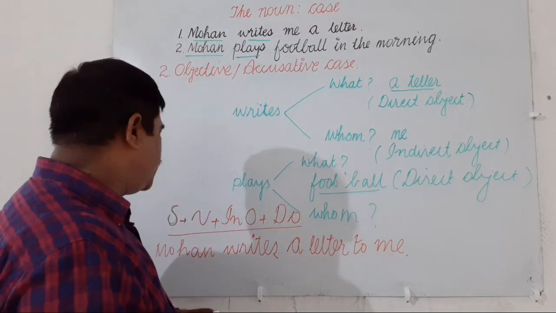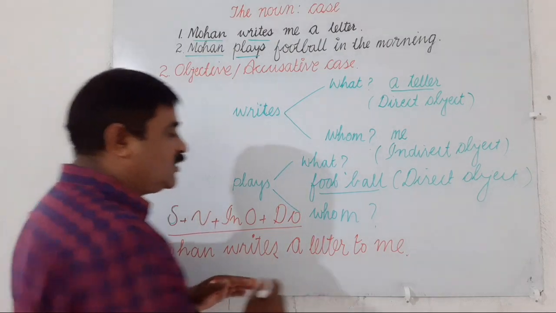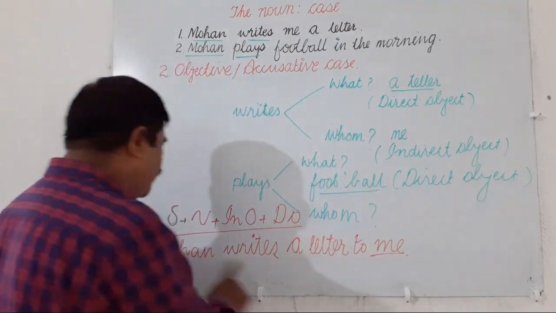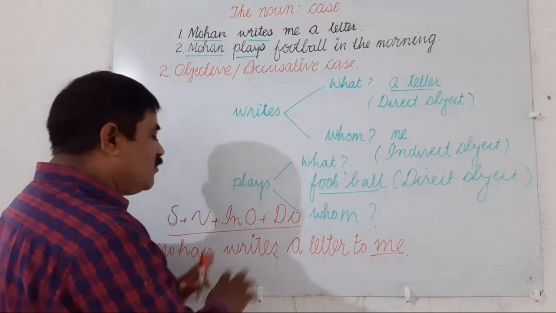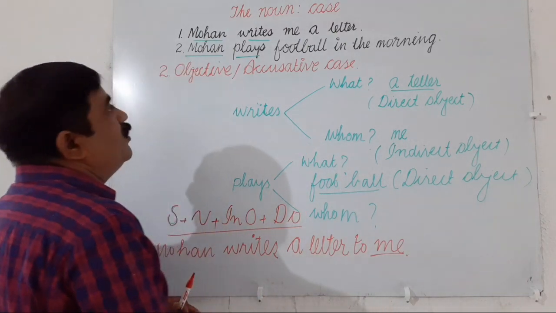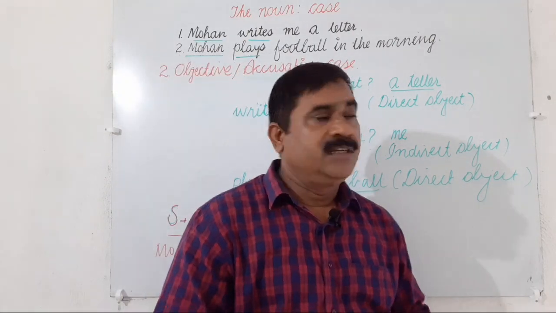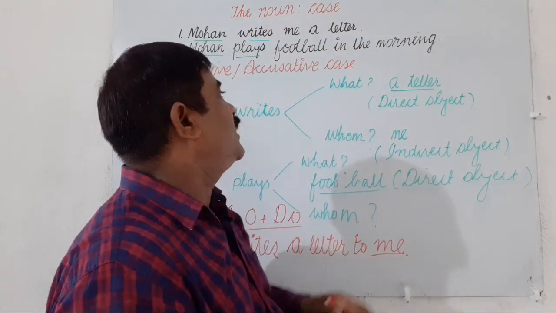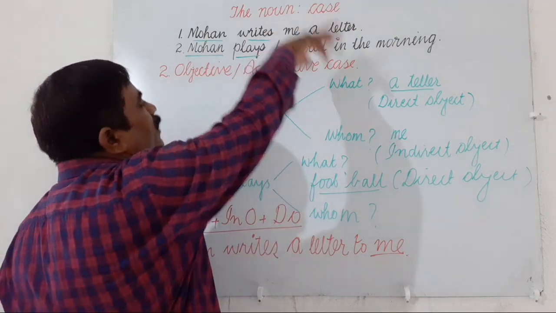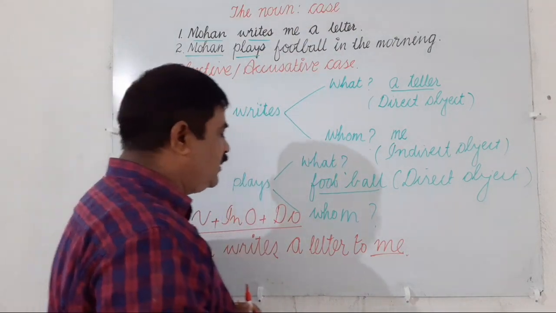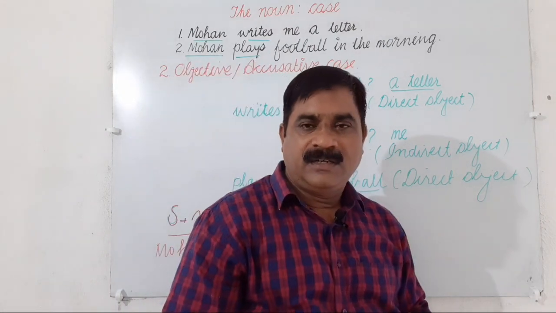Mohan writes me a letter. Mohan writes a letter to me. For the sake of emphasis, we lay emphasis over the indirect object. You go for using this kind of sentence. Mohan writes a letter to me. Mohan writes me a letter. When you're going to lay stress over direct object, you can go for using this structure. But this is a common structure: subject, verb, indirect object, and direct object.